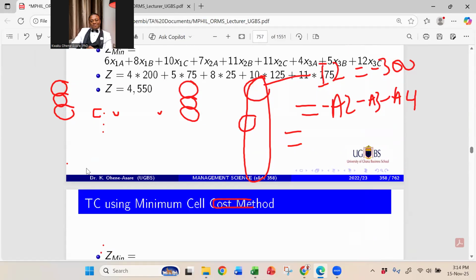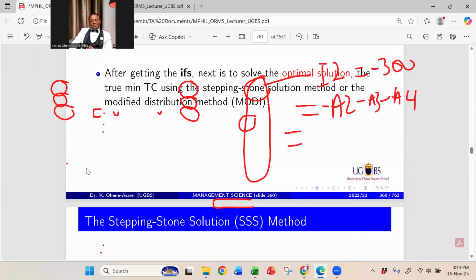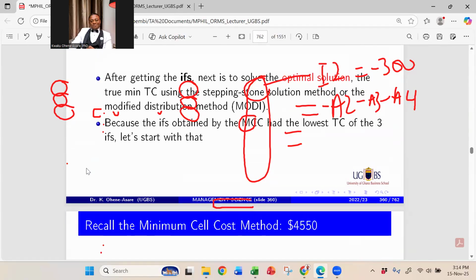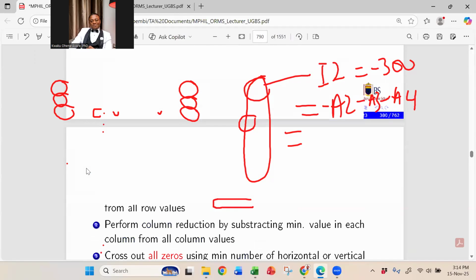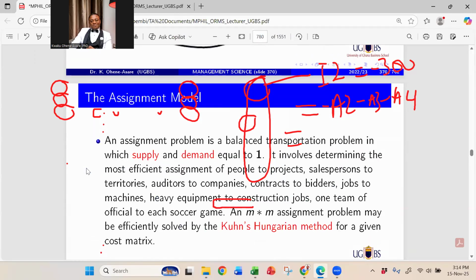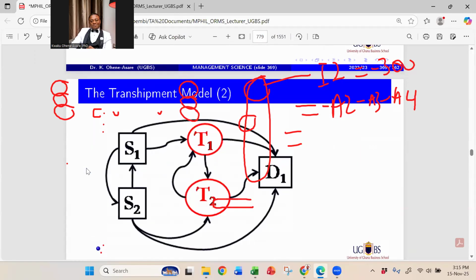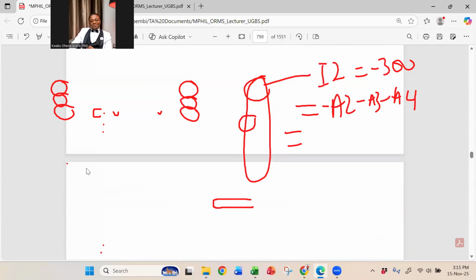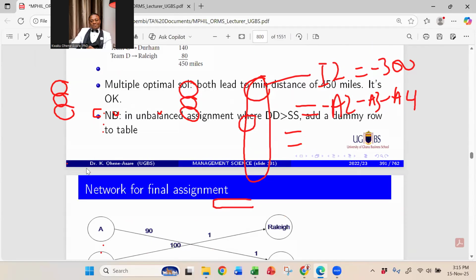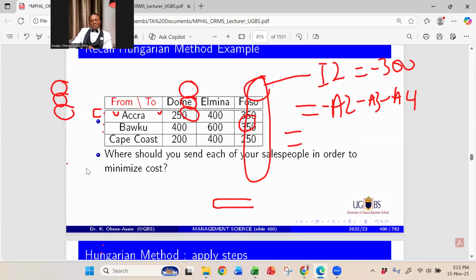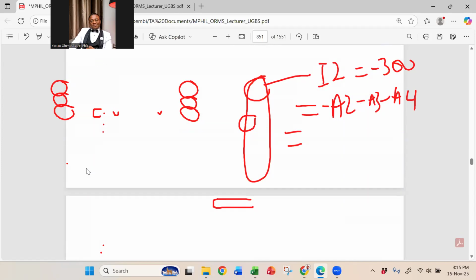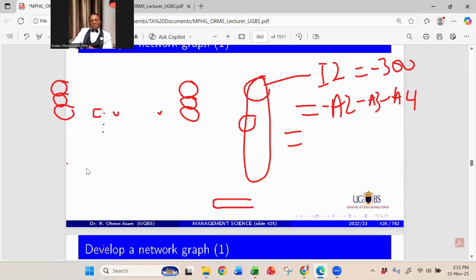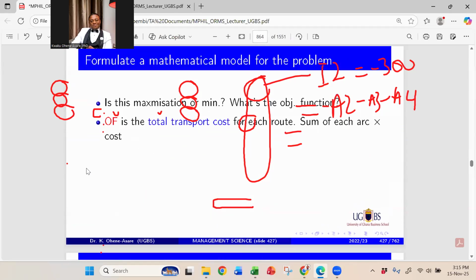Can't even see where I was before. I think page 442. 442. Okay.